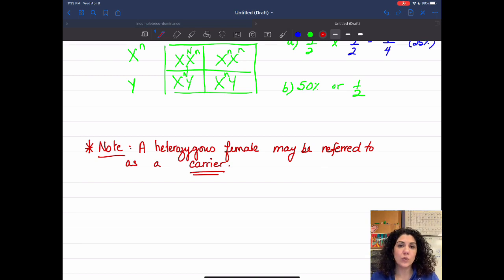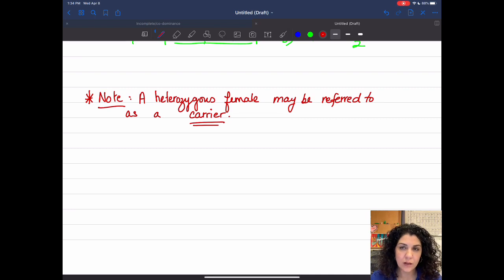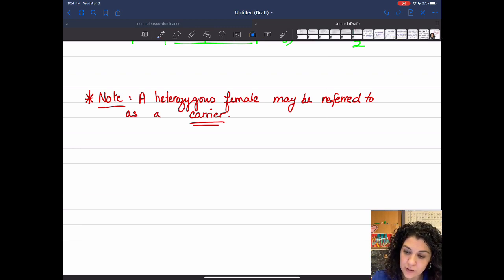So you might see the word carrier there, and you might have to right away think, okay, carrier means heterozygous. I have an X with a dominant and an X with a recessive. Okay, so let's see another problem here and how we would do this one.